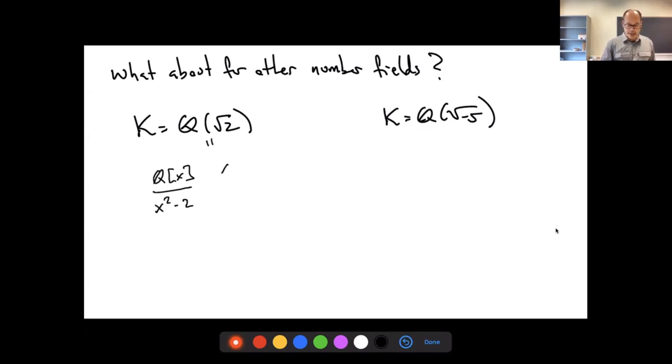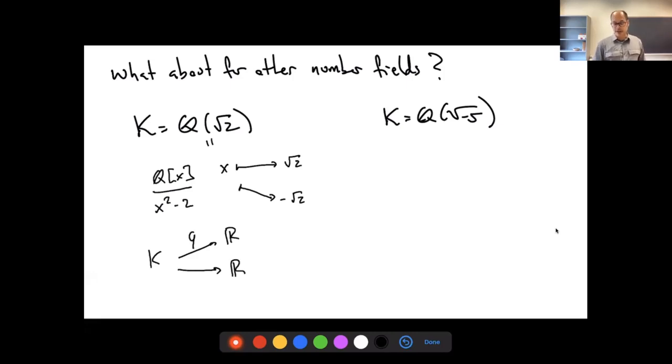And in that case, I can embed this into the real numbers by associating this new thing either with the square root of 2 or with negative the square root of 2. So in that way, you get 2 different ways that K can be embedded inside of the real numbers. And this other field, of course, you can't embed inside the real numbers at all, because you can't take the square root of a negative number in the real numbers.